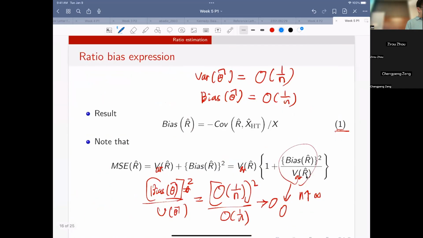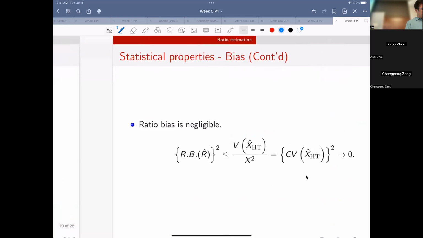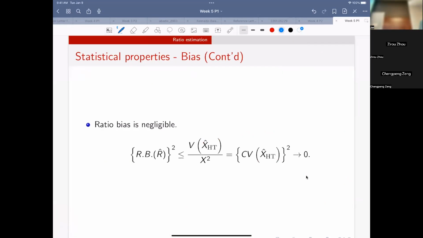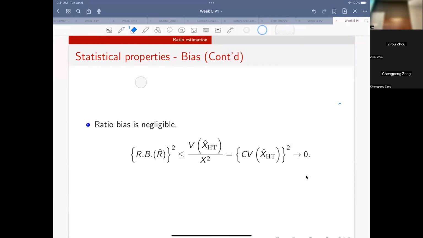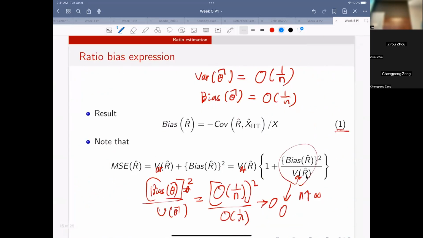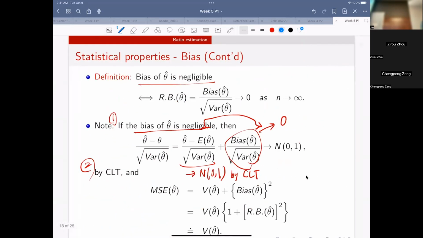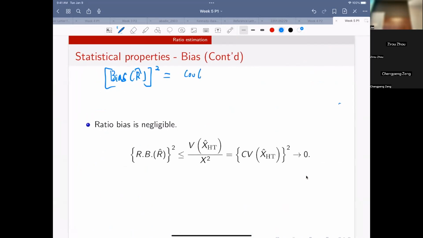Okay, and that means relative bias. Let me back up. The bias of R hat, using this one, squared is equal to the covariance of R hat and X hat squared divided by X squared, right?